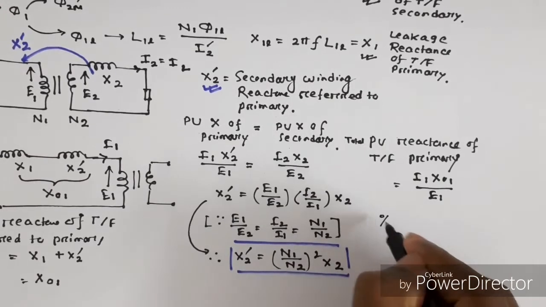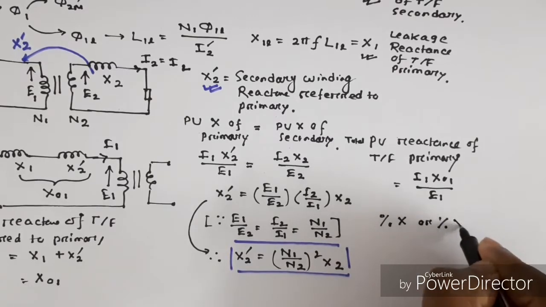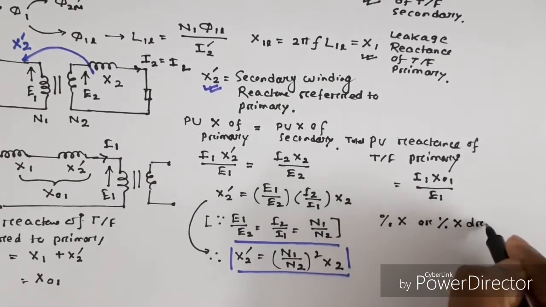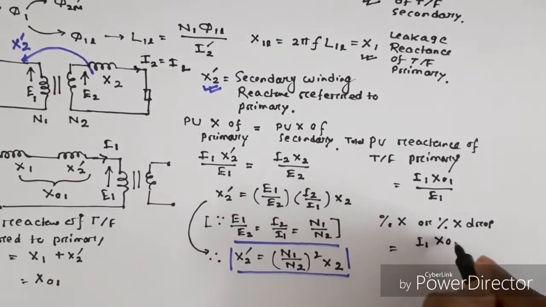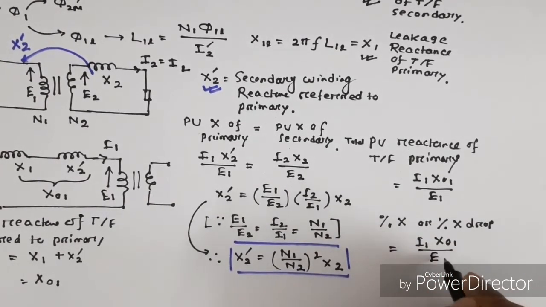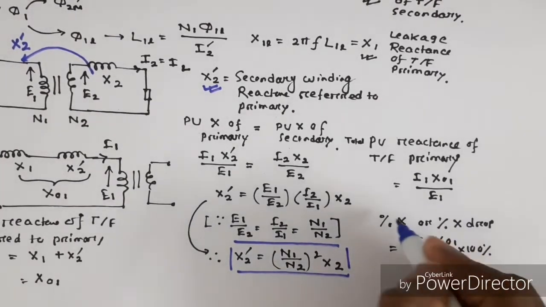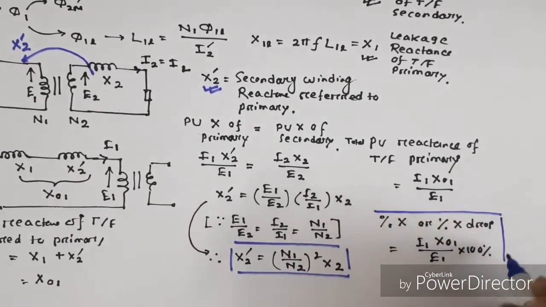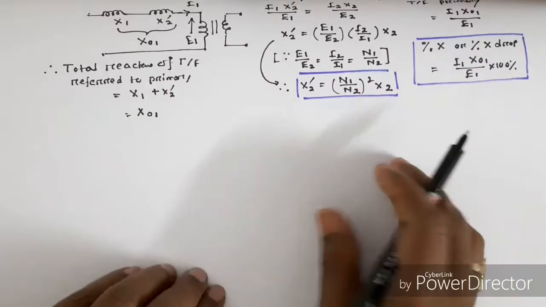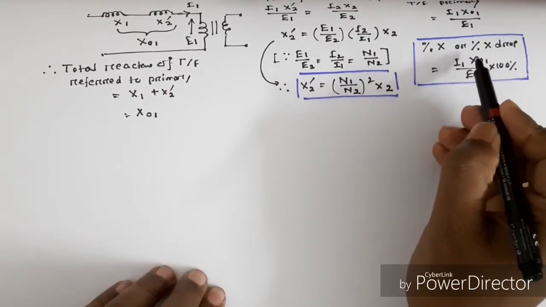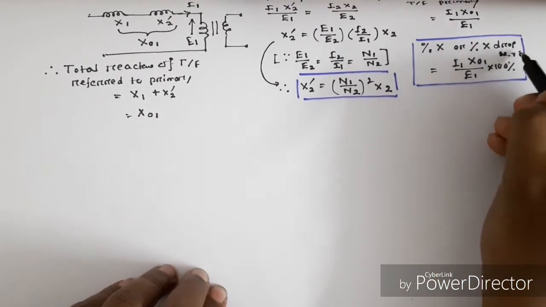Therefore, percentage of X or percentage of reactance drop will be I1 into X01 divided by E1 into 100%. This is another important formula. You have to remember this formula. This is the percentage of X or percentage of reactance drop with respect to primary.